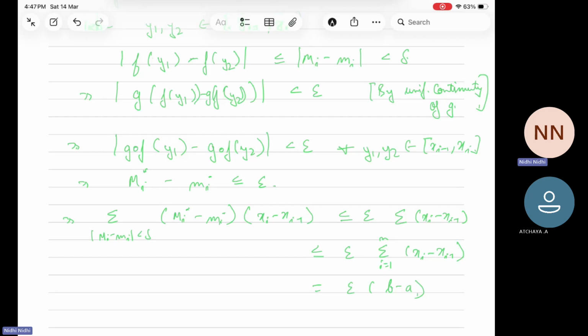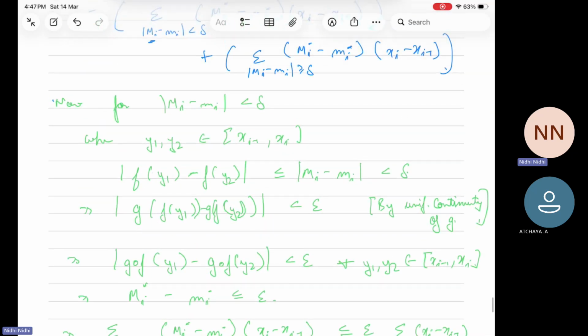So basically the sum over the good points is at most epsilon times (b minus a). Next we will see what happens on the bad points.